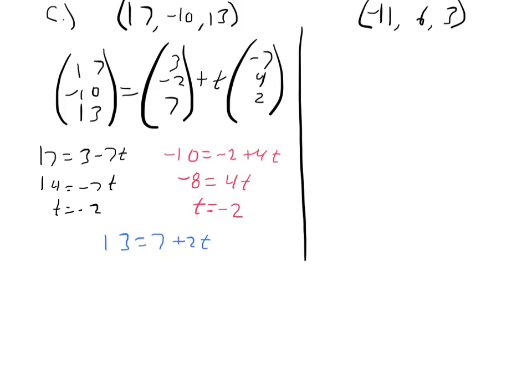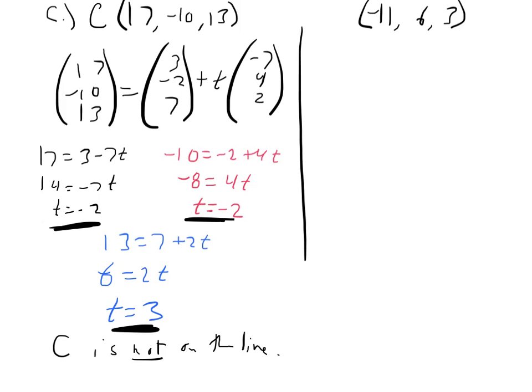For the last one, I'll subtract this over and get, that's actually positive 6 equals 2t, which means t equals 3. Okay, so is point C on this line? No, C is not on the line. And the reason is I got different values of t. Two of them matched up, but the last one did not match. So it's not on the line.